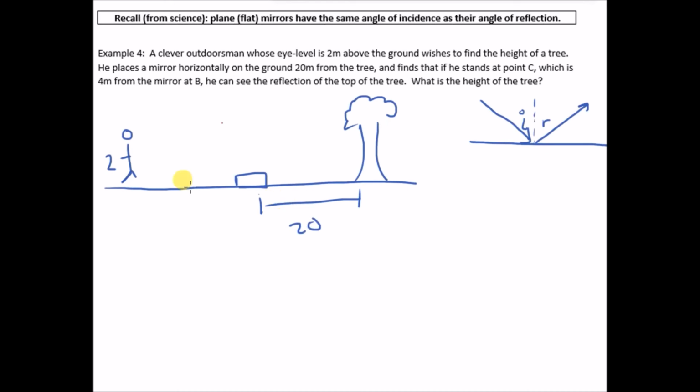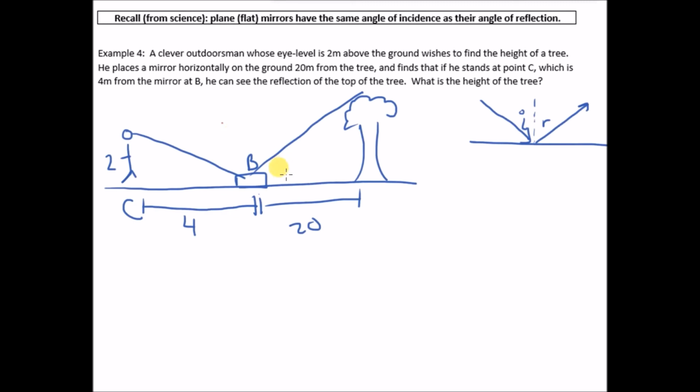He finds that if he stands at point C, which is 4 meters from the mirror at B, not drawn to scale, he can see the reflection of the top of the tree. It bounces down and then bounces up. What is the height of the tree?